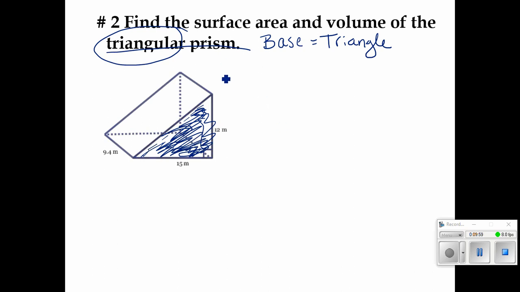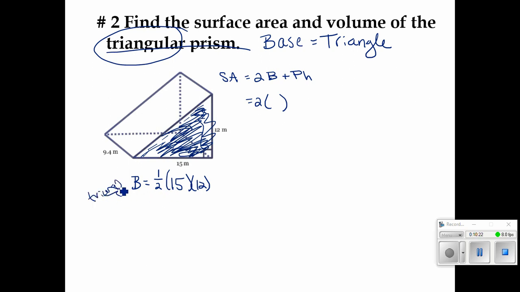Okay, so let's do surface area. Surface area is 2B plus PH. All right, 2B. B is the triangle. So how do you find the area of the triangle? 1/2 times 15 times 12, or 15 times 12 divided by 2, right? Because it's a triangle.